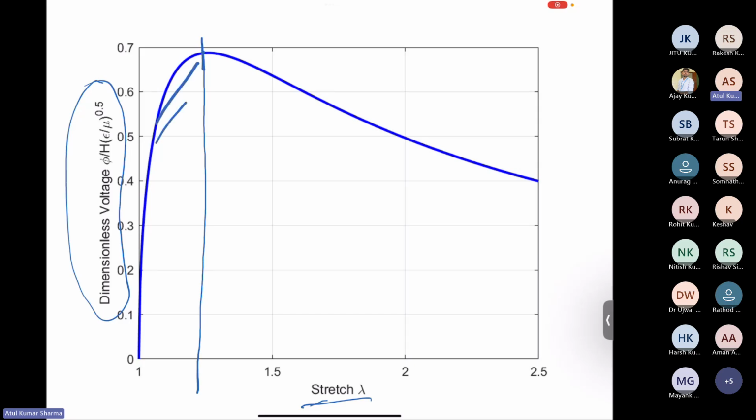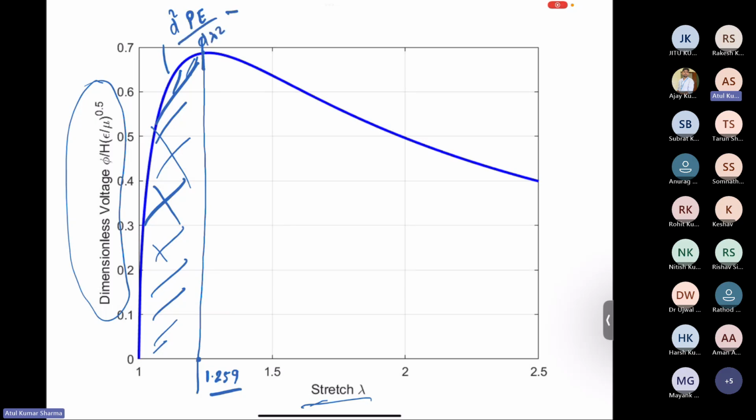This is the reason, or you can say that this voltage stretch value I calculated is around 1.259. This value is nothing but where the second derivative of PE, that is potential energy, with respect to lambda is positive. And in this region it is negative.